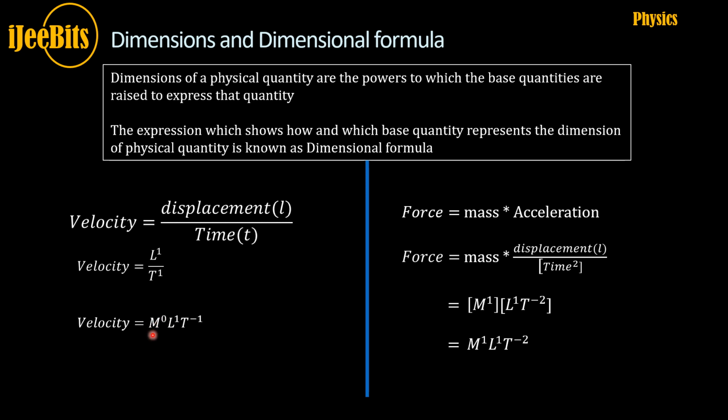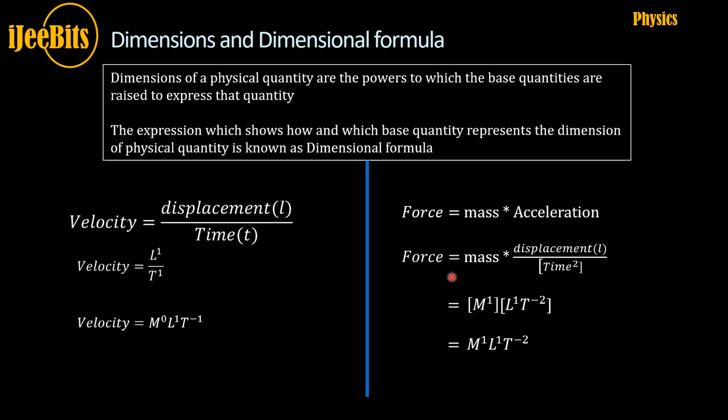Mass to the power 0 means we are not depending upon the mass. So the dimensional formula for velocity is M power 0, L power 1, T power minus 1. M, L, T are the representations of base quantities.